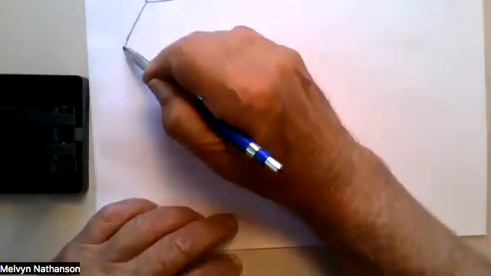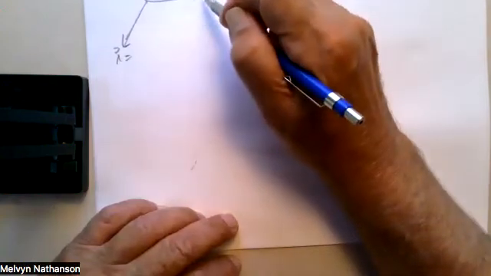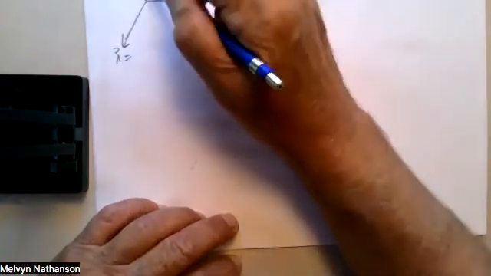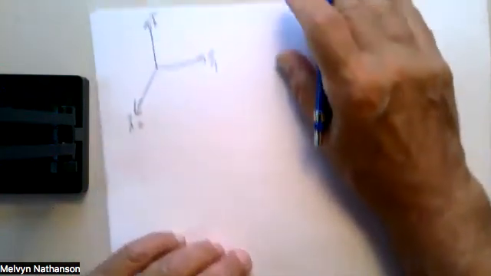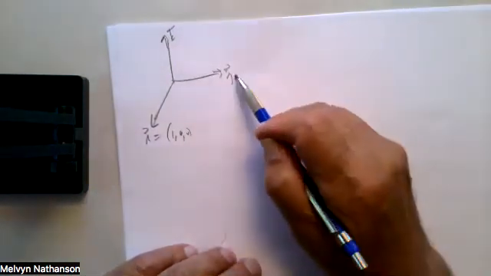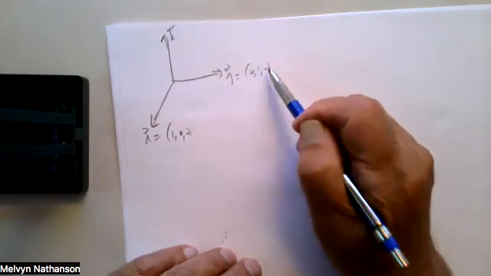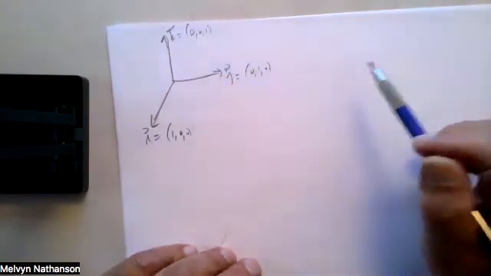Suppose we're in 3-dimensional space. So we have unit vectors in the x, y, and z directions, which are i, j, and k. So i has coordinates 1, 0, 0. j has coordinates 0, 1, 0. And k has coordinates 0, 0, 1.